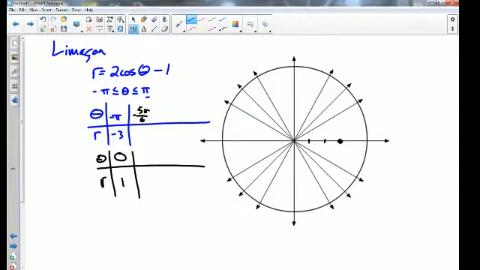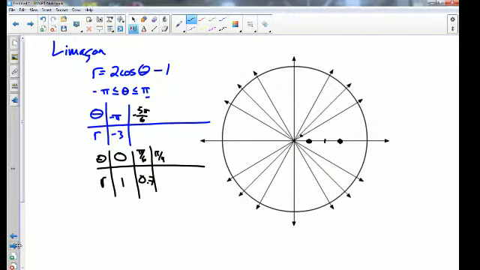So at angle 0, we have 1 unit. Okay, what about pi over 6? Cosine pi over 6 is square root of 3 over 2. So we get root 3 minus 1, which is 0.7-ish. What about pi over 4?